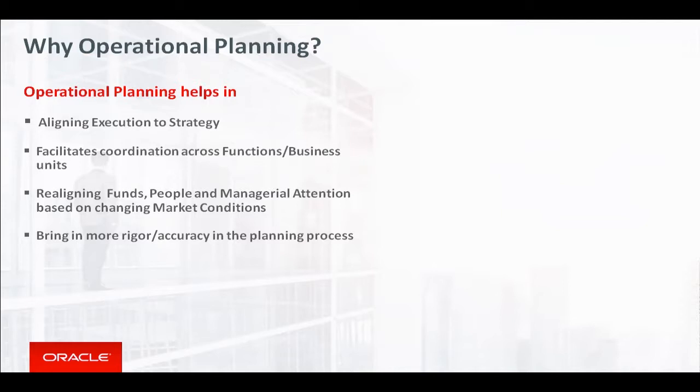It also helps align people and resources to appropriate initiatives based on dynamic market conditions. Finally, it brings more rigor and accuracy to the planning process because line managers who are responsible for execution get involved, so the plans become more accurate and precise.